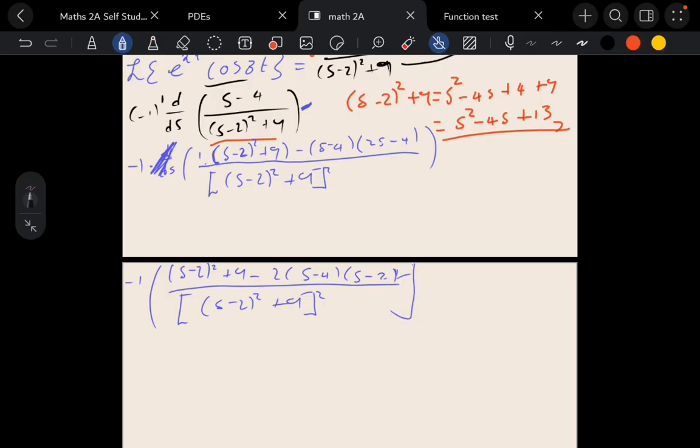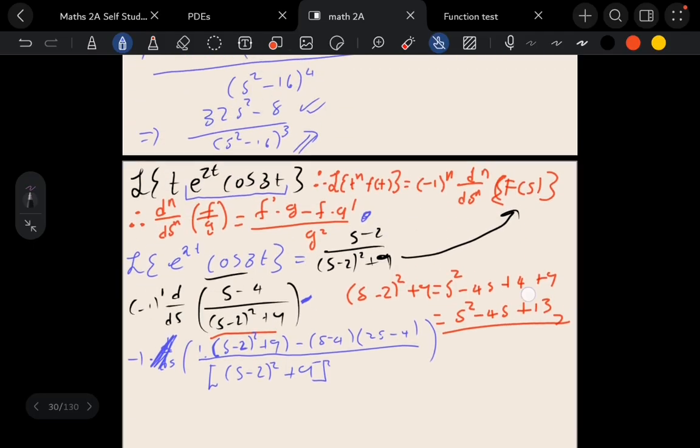You can simplify this. It is fine. We can simplify it. There's nothing that you need to worry about. But I'll just leave it here as my final answer. So this is the first one.